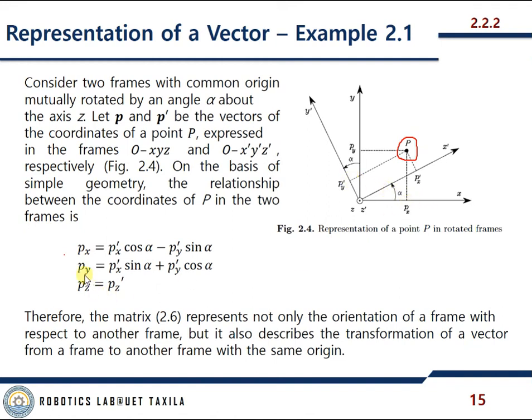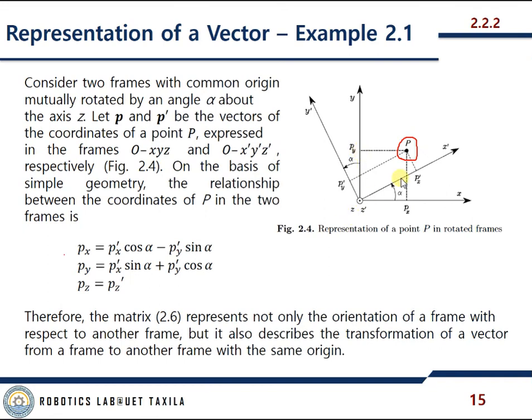In a similar way, Py is equal to Px bar sine alpha. So this length is equal to Px bar sine alpha, and then we have Py bar cos alpha, from here, which is like this. Basically, it runs from here to here, so we add this one and this one, so we reach up to here.